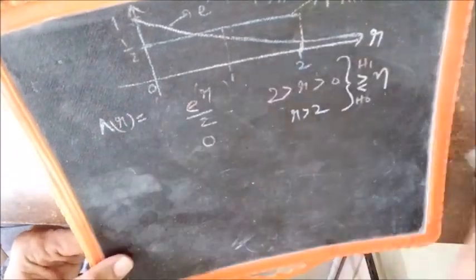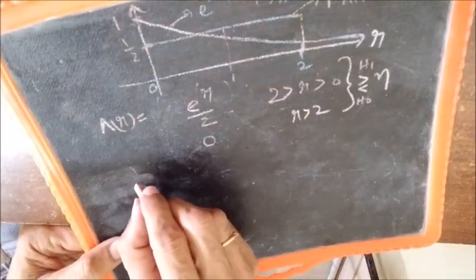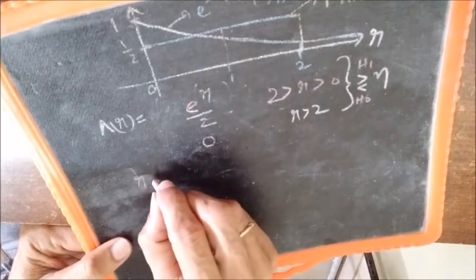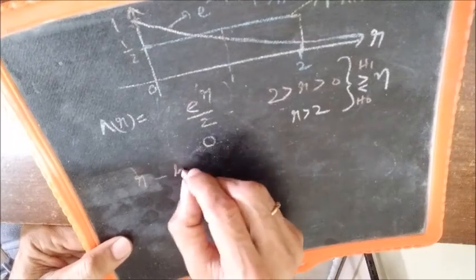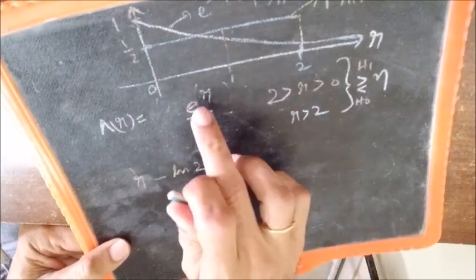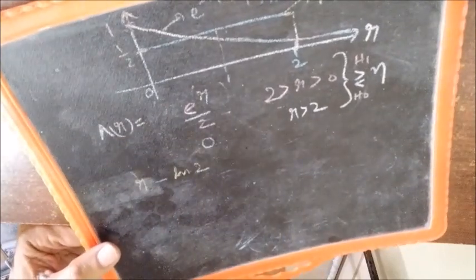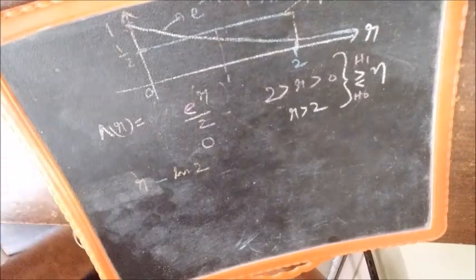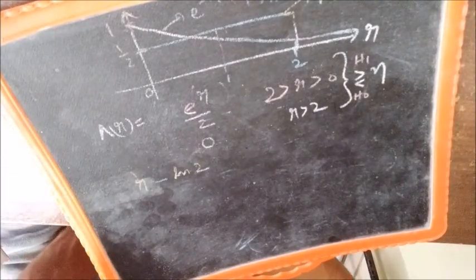When I do that, I get r minus natural log 2, because it is basically e raised to r into 1/2. So ln of e raised to r is r, and the natural log of 1/2 is minus natural log of 2.